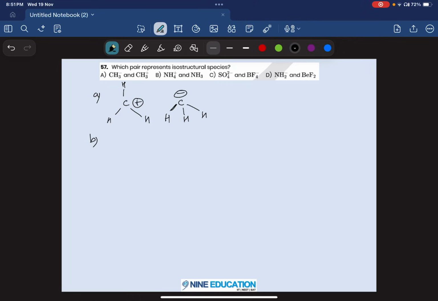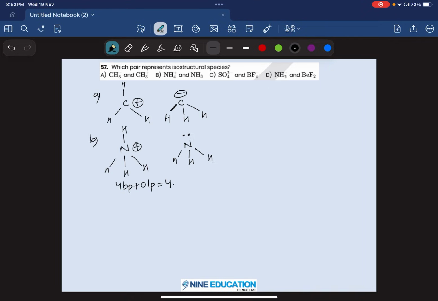Then option B, NH4 plus is tetrahedral. Why is it tetrahedral? Four bond pairs, no lone pairs. Total hybridization number 4, sp3 hybridization. Without lone pairs, tetrahedral will be the structure. Ammonia will have one lone pair. How to find lone pairs?